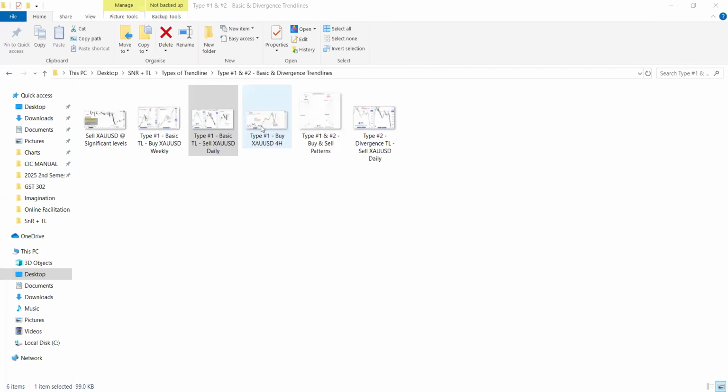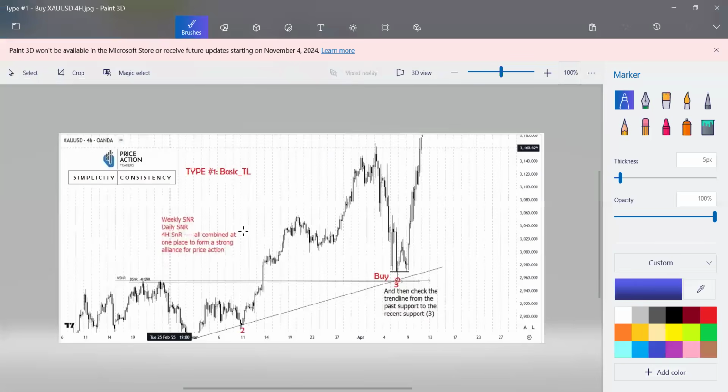Then we look at another example. Somebody will be asking if it works on other markets.